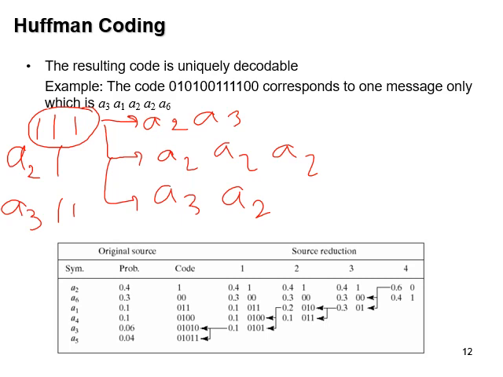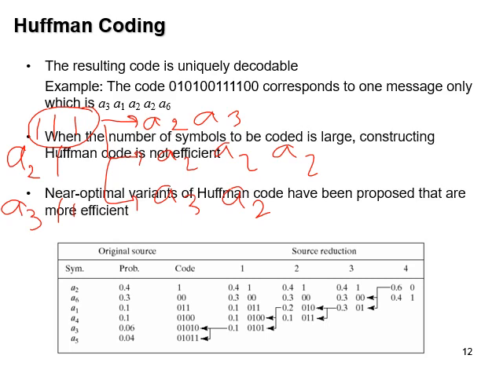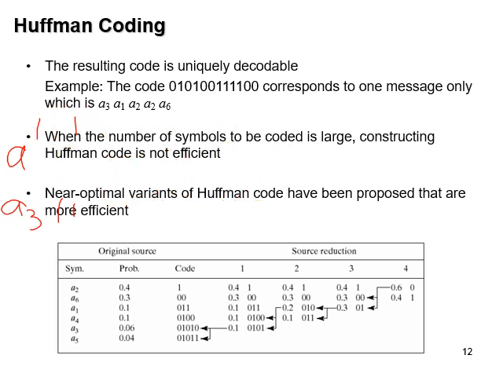Okay? All right, so one other note about Huffman coding, which is when the number of symbols to be coded is large, constructing the Huffman code is not efficient. This is one issue with Huffman coding. You see, this example that we did had only 6 symbols, as if it's an image that has only 6 gray levels.